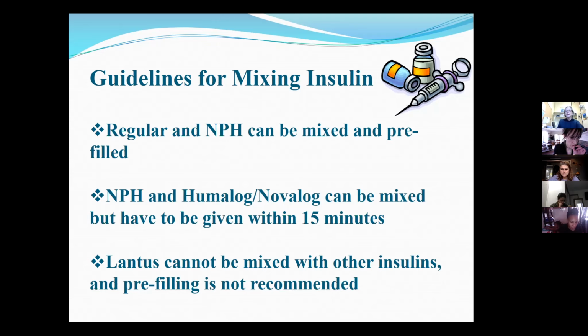And then it's the intermediate that is cloudy. They've basically added some proteins to the insulin to slow down its absorption, and that's what makes it longer acting. Okay, thank you.